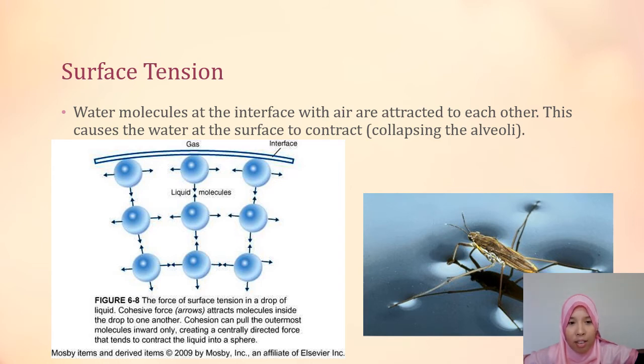If you look at this diagram on the left side, you can see that this is one water molecule, and it has tension from all four directions, right? Above, below, left and right.